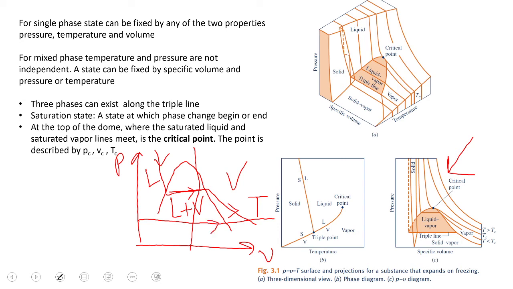But for a PV diagram, the constant temperature line would be this line that I have tried to highlight.